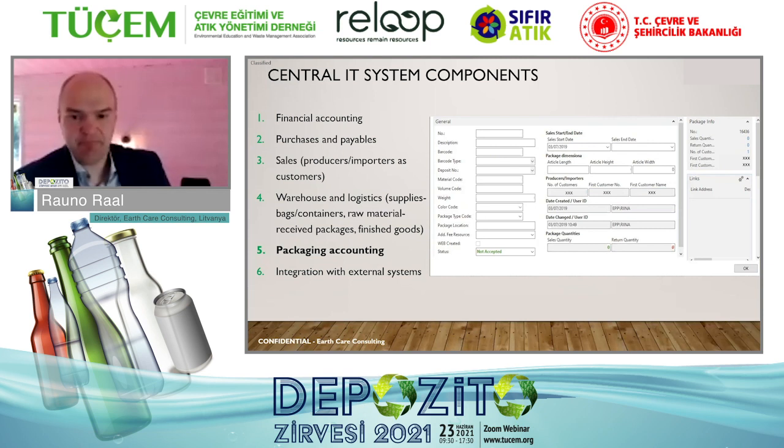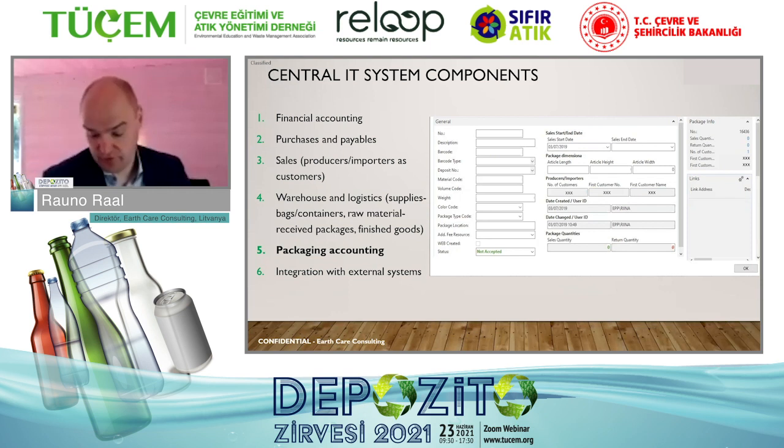And the absolute center of an IT solution here in the DRS is the packaging accounting. Basically, all of the different parameters of each package are put into this central layer, and it's kind of like the root of the plant, which the system is built on, or built around. And naturally, the integration with different external systems.